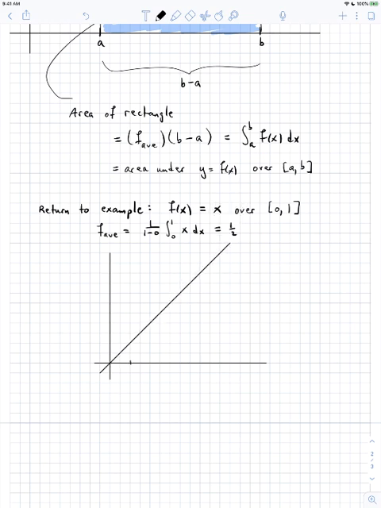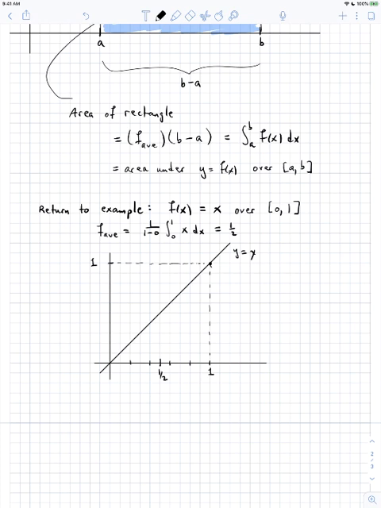And let's mark off something like, let's say that this is equal to 1 there. And so then this should also be equal to 1 because this, of course, is y equals x. The halfway point is right here.